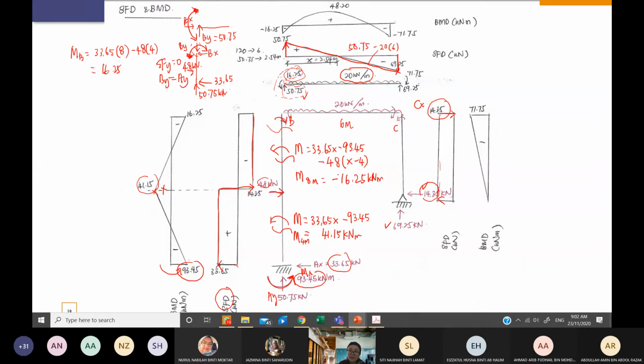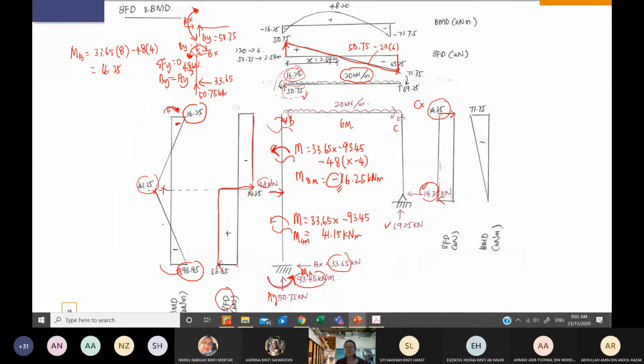Sorry, it's meter. If you can see that it is negative, it means it is going in the other direction, because what I have assumed here is that going in this direction is a positive sign. So if it is negative, it is going in the other direction, which is a negative sign here. This is how you park this value. Then you refer to your shear force, whether it is supposed to have a straight line or a curved line.